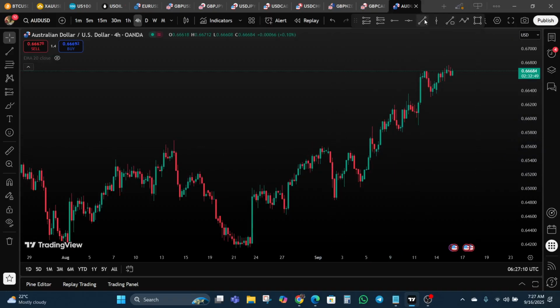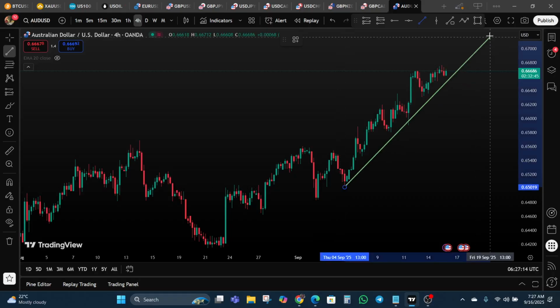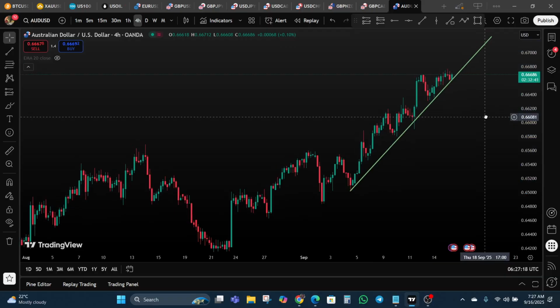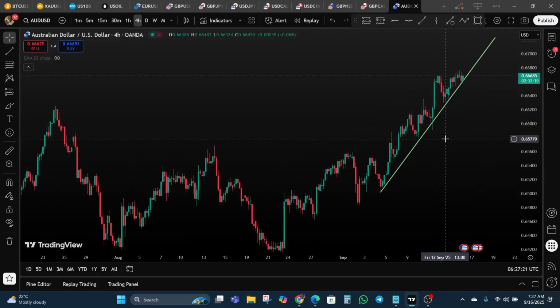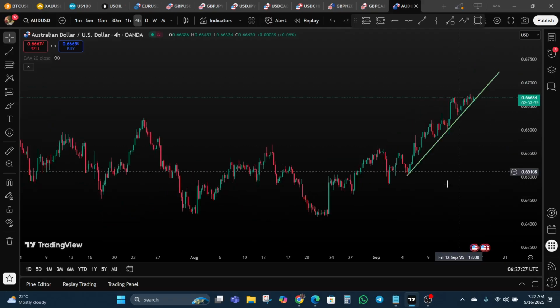Drawing trend lines on TradingView is simple but powerful at the same time. They can highlight support and resistance zones, helping you to recognize where the market might turn or continue.